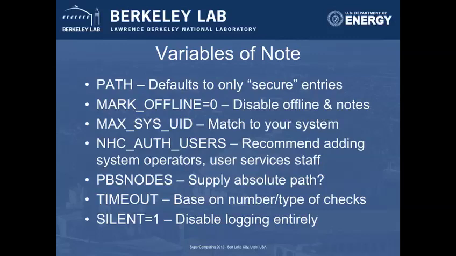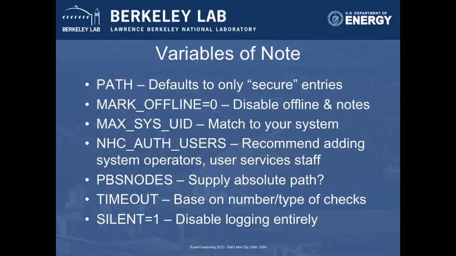I don't know if you guys have ever used the notes within Torque, but you can assign a little string to each node and tell why it's in the state that it's in. And Node Health Check uses that capability extensively, so that, as Jackie said, you just run pbsnodes -ln, and it gives you a big list of all of your nodes that are down or offline, and it shows you which ones Node Health Check offlined and why. So it's very easy to get a quick overview of your nodes and the state that they're all in.